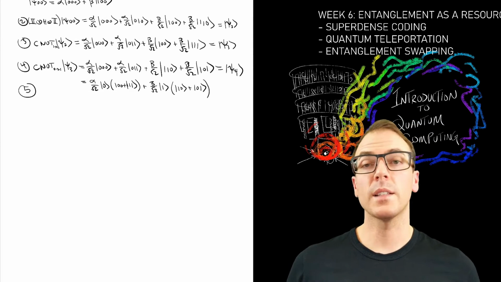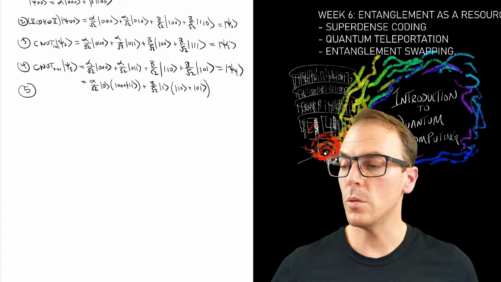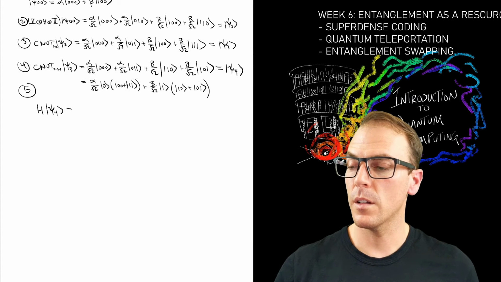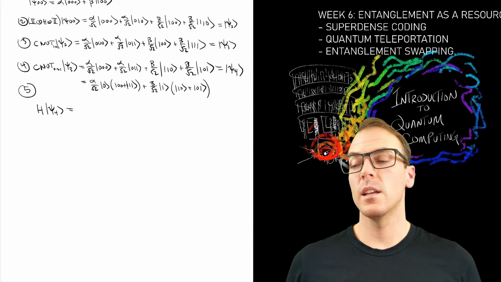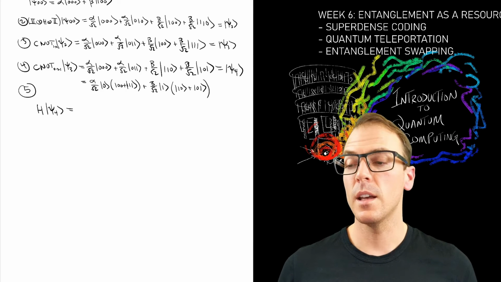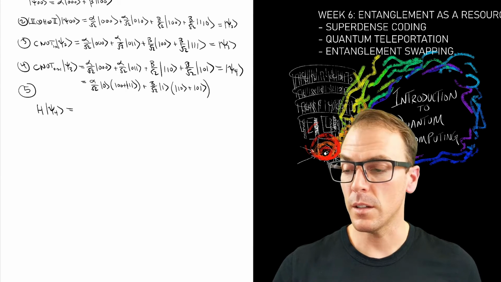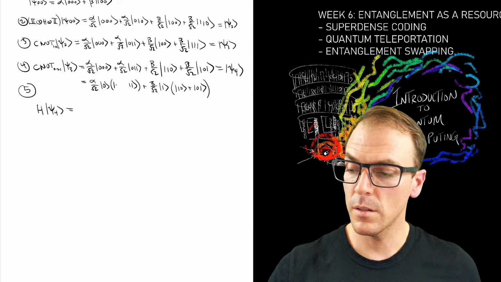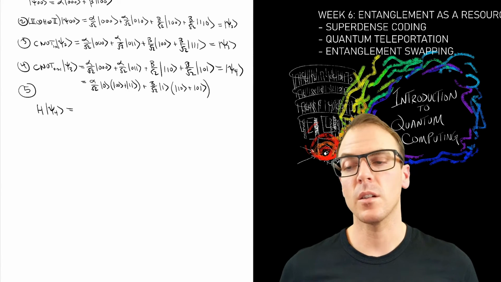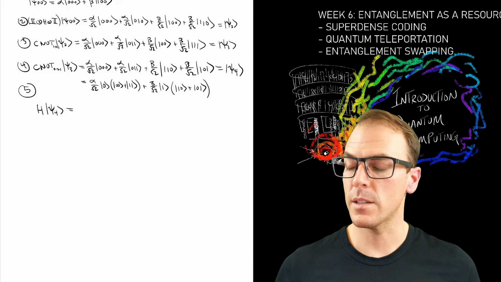Now we're going to apply this Hadamard to this state, psi 4, because that just takes that 0 state in that first position and creates a plus state, and the 1 state in the second term and creates a minus state.